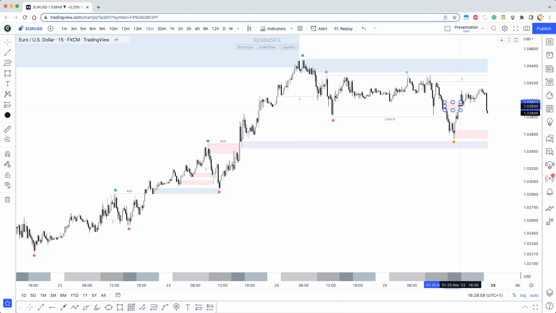So even some aggressive traders who were looking for sells got trapped and immediately took out, right? Why did that happen, you may ask?